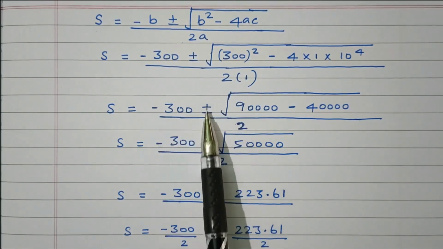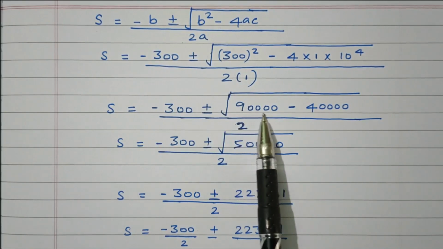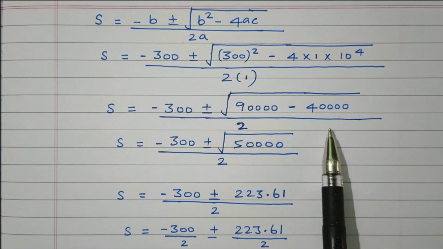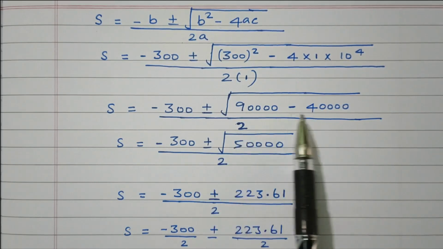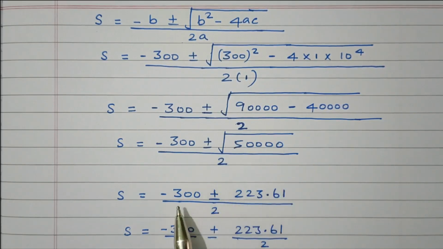So minus 300 plus or minus square root of 300 square is 90,000 minus 4 into 10 to the power 4, that is 40,000, divided by 2. So 90,000 minus 40,000 is 50,000, square root of 50,000. So minus 300 plus or minus square root of 50,000, which is 223.61, divided by 2.